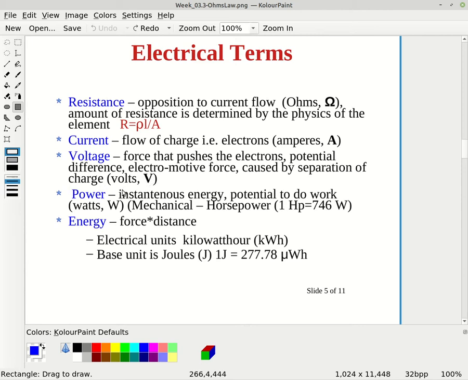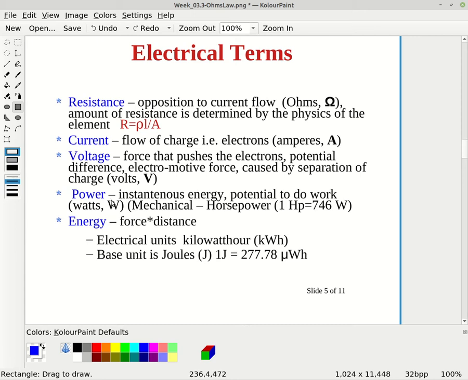Power is an instantaneous energy, so it's basically the potential to do work. Okay, energy or work is force times distance. So remember that voltage is an electric force, but we need to move those electrons. So when we have the force and we have the movement of electrons both, then we're actually doing work, which is force times distance.